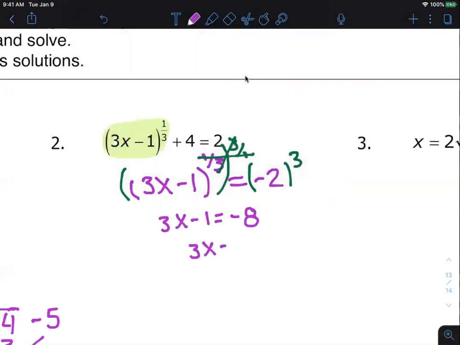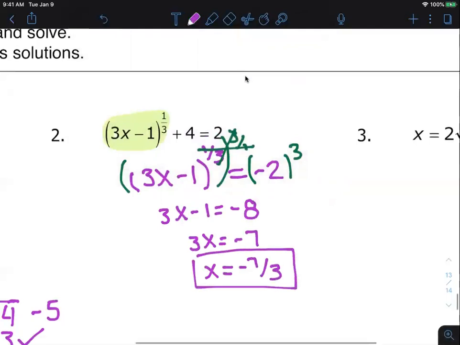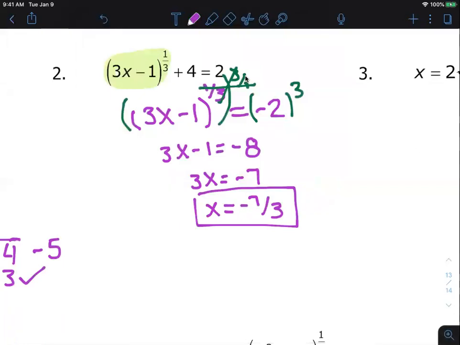I'm going to add 1 to both sides. That gets me negative 7. I'm going to divide both sides by 3, and that gets me negative 7/3. Once again, you have to plug this into your calculator to check your answer. So 3 times negative 7/3 minus 1.